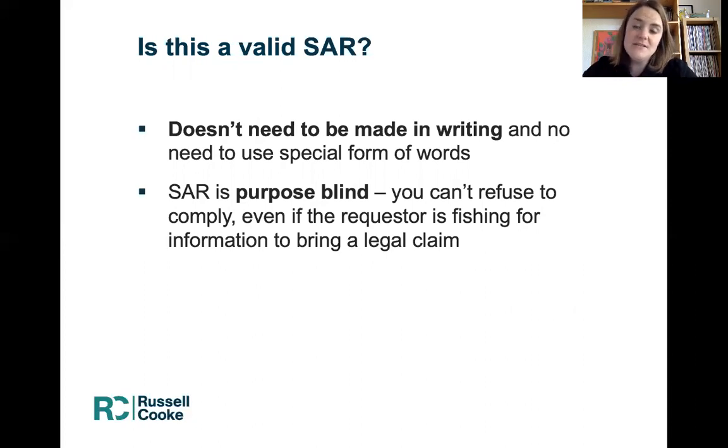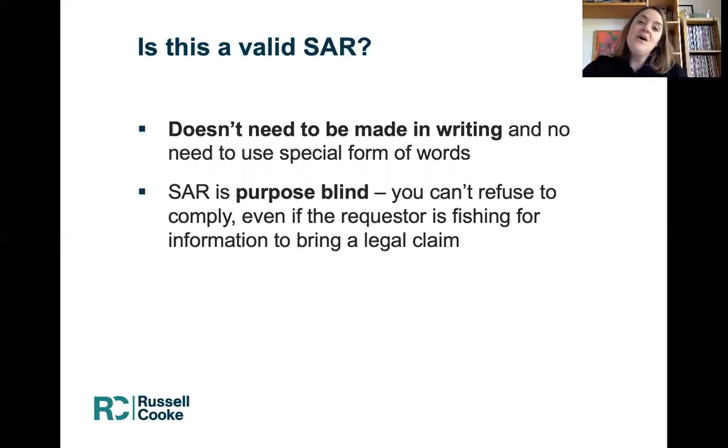The ICO's guidance, that's the Information Commissioner's Office, on subject access requests is really clear that you should be prepared to get a subject access request in any format, so social media, in person, face-to-face, over the phone, all kinds of media and ways of communicating are valid.